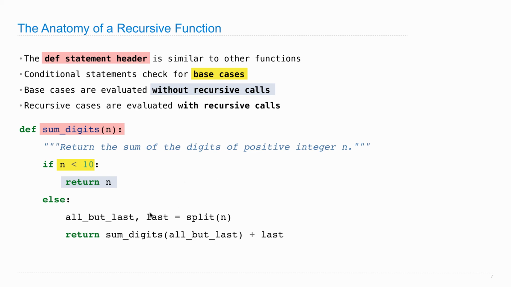So we split up the number that we're trying to sum the digits of, and then we make a recursive call to sum digits. Now notice we don't try to sum digits of n. Instead, we sum digits of a simpler problem than we had before. So if we started with 2013, now we only have 201 to sum the digits of, which is simpler because it has fewer digits to sum, getting us closer to the base case.